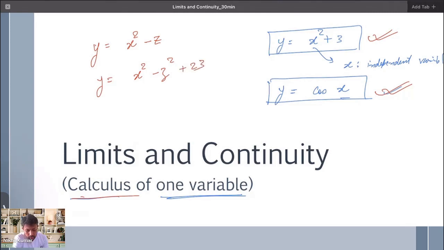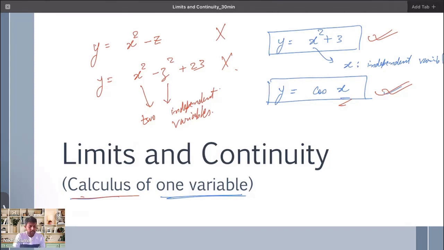Here, if you see, we have two independent variables, right? Now these are the functions we are not going to consider today. This is not in our scope. We're just going to stick to calculus of one variable. I hope this is clear to everyone.